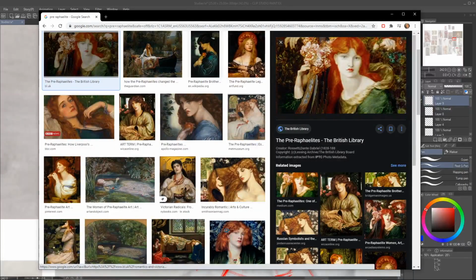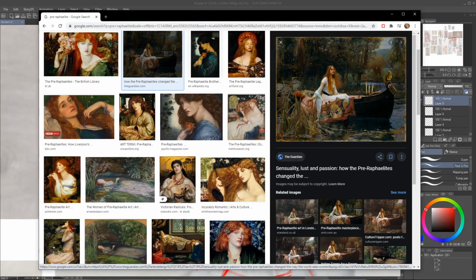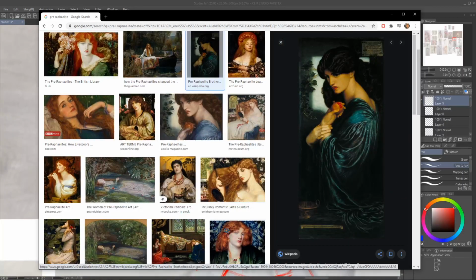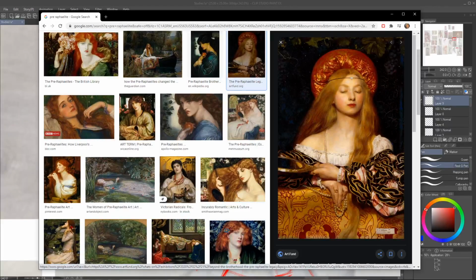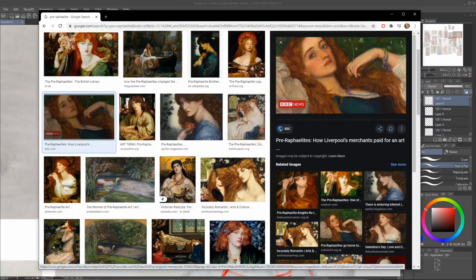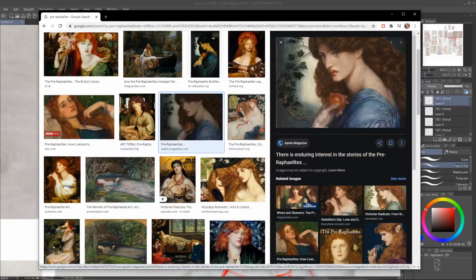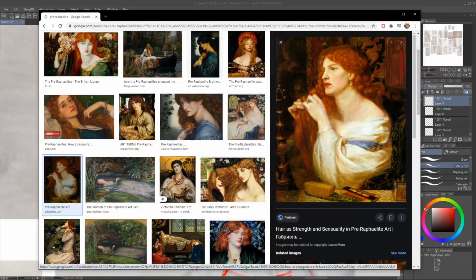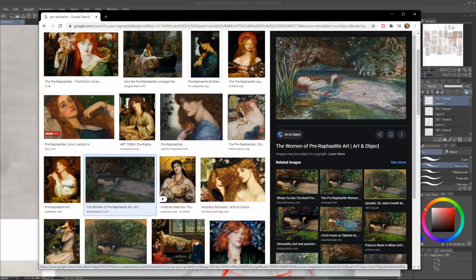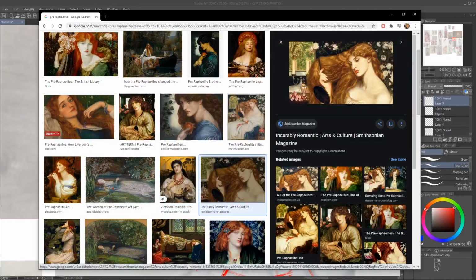So the Pre-Raphaelites are around the 1800s. They were a movement of musicians, painters, poets, authors who tried to get to a kind of medieval classical thing. They were trying to do a throwback to classical themes, but these are very, very modern paintings.